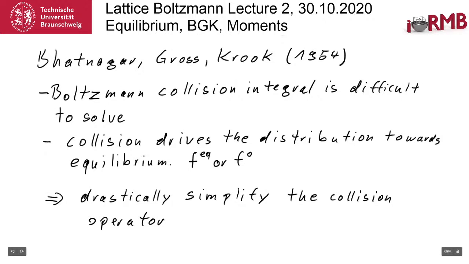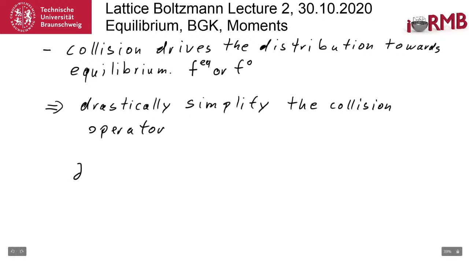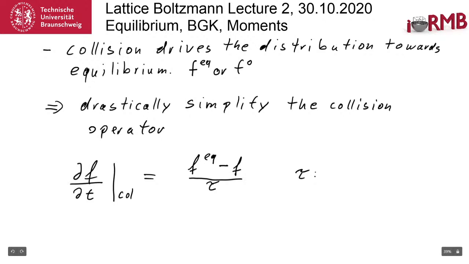We said that the collision operator can be written as the time change of F due to collision. There's also streaming, so this would be different. This is the right-hand side of the Boltzmann equation. And this will now simply be written as the equilibrium minus the incoming state divided by tau, where tau is called the relaxation time.